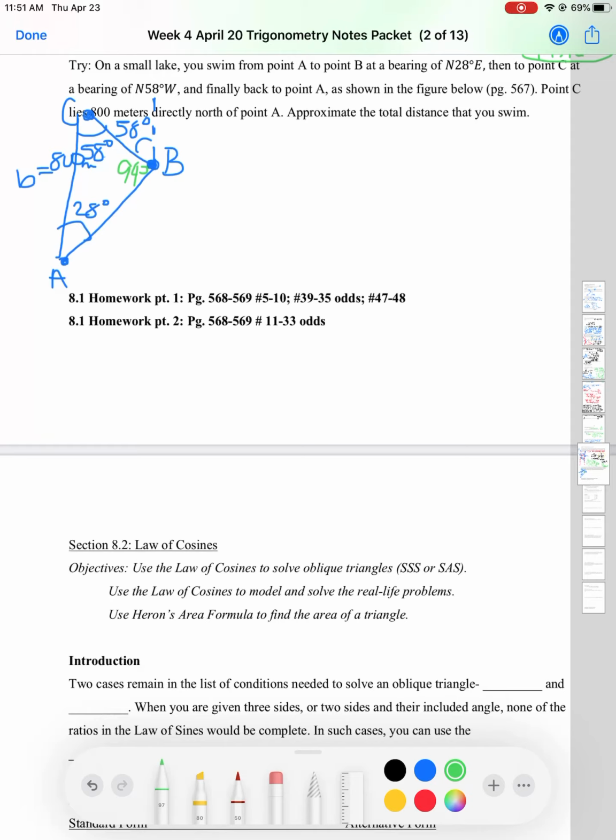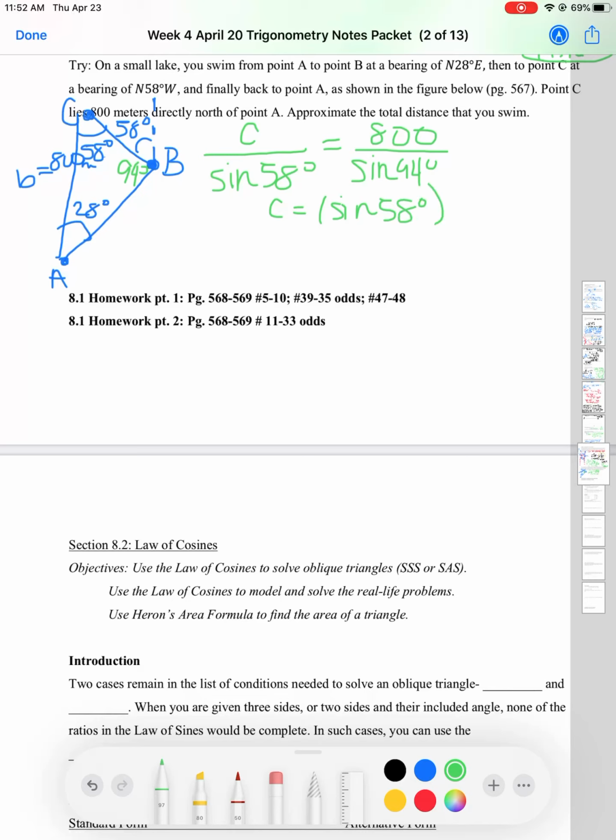So, using the same strategy we used up above, we can say that C over sine of 58 degrees is equal to 800 over sine of 94 degrees.